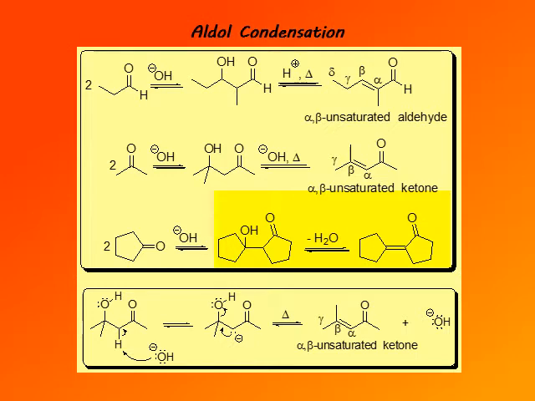A 5-membered ring is known for torsional strain and for not being able to avoid torsional strain. Introduction of a double bond removes some of the hydrogens responsible for torsional strain, and for that reason, introduction of a double bond in a 5-membered ring is a very favorable reaction. So when a 5-membered ring is involved, you should remember that we cannot stop at the aldol reaction. The reaction proceeds all the way to condensation.